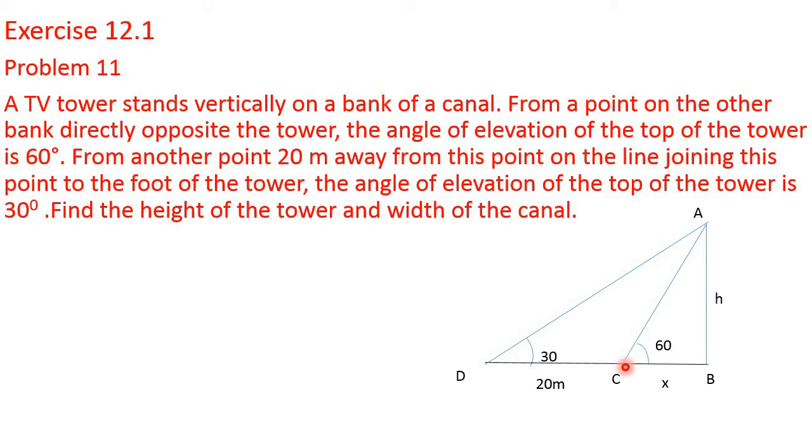Then what happens? If the line continuously moves to the point D, which is 20 meters away from the point C, on the straight line to the point C, then at the point D, if that person observes the top of the tower at an elevation angle of 30 degrees, we have to find width of the canal and height of the tower by using our trigonometric ratios.